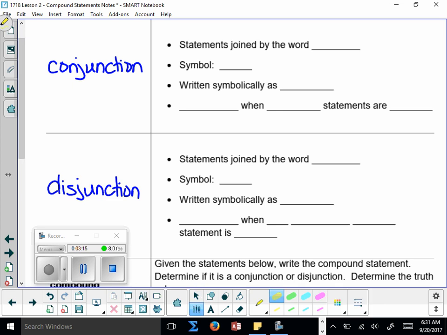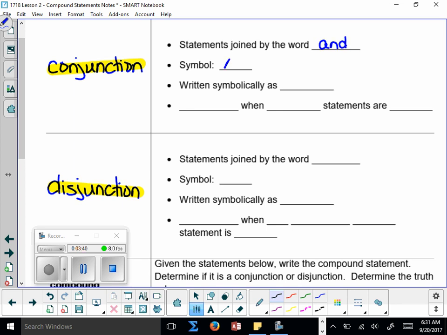Your algebra teacher might have talked about conjunctions and disjunctions in relation to inequalities. Conjunctions were inequalities joined by the word and, so you had your two dots on the number line and a bar connecting them because it came together. So conjunctions are joined by the word and.